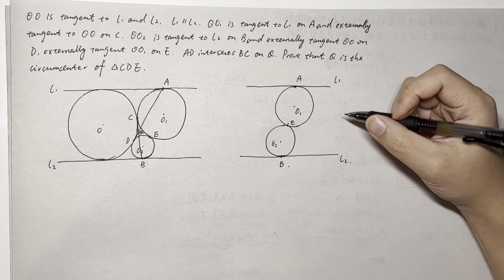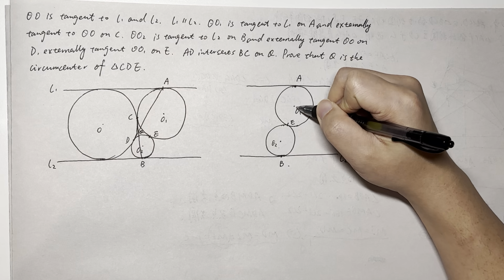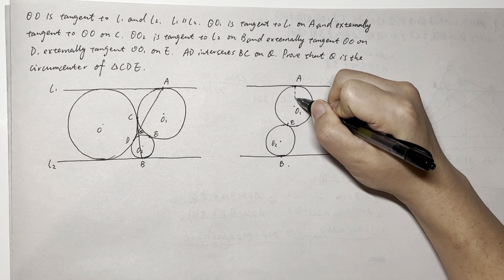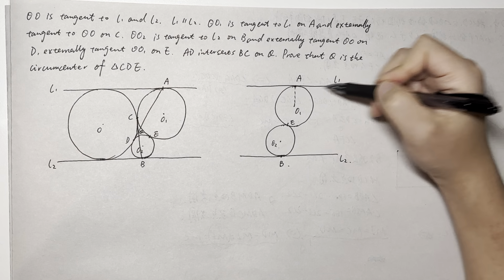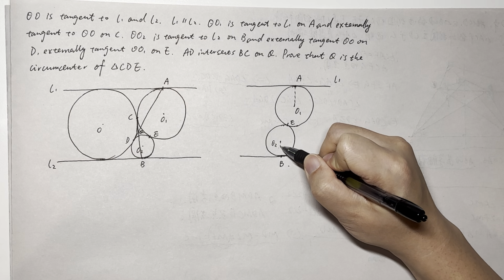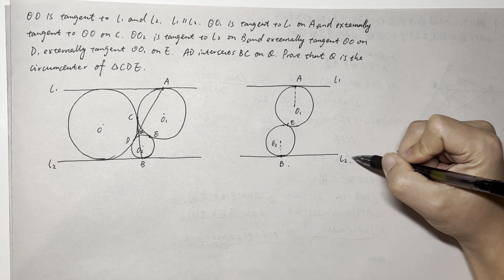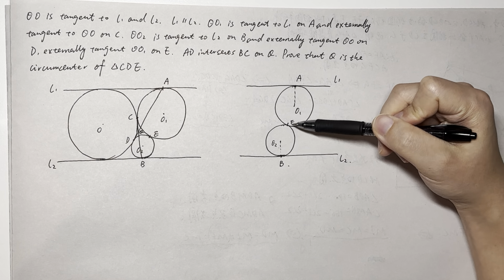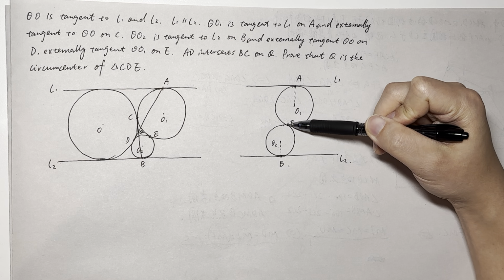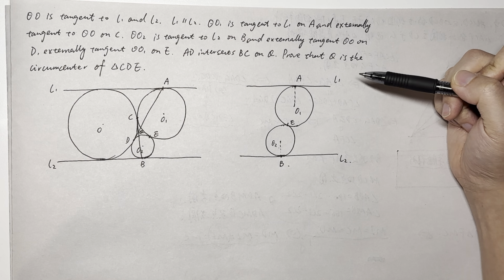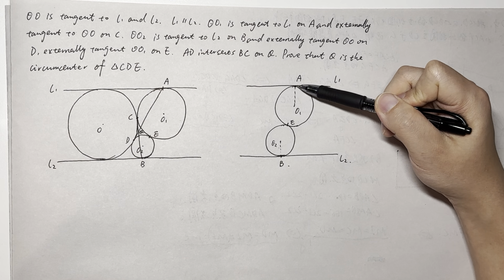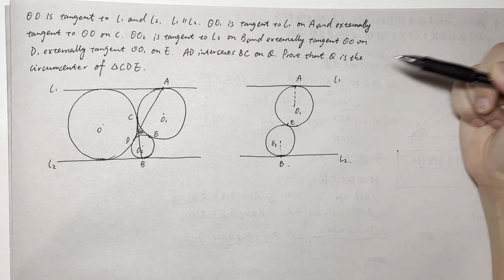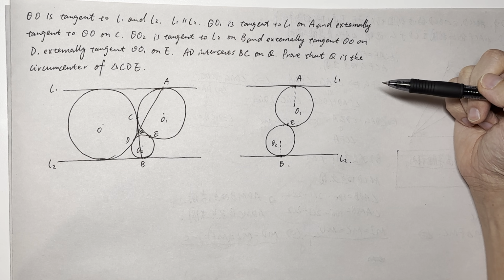But how to prove that? We already know that O1A is perpendicular to L1 and O2B is perpendicular to L2. And we know that O1 and O2 are tangent at point E. We want to know whether A, E, B are collinear or not.